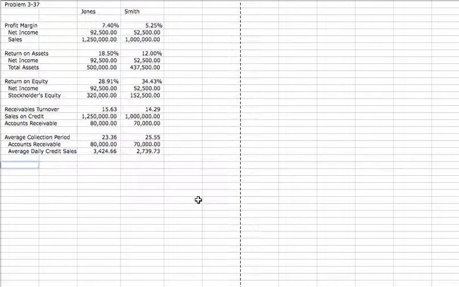Now let's calculate inventory turnover, which is going to be the amount of sales that we have divided by our inventory. So for Jones Corporation has sales again of $1,250,000, and inventory, according to its balance sheet, is $50,000.